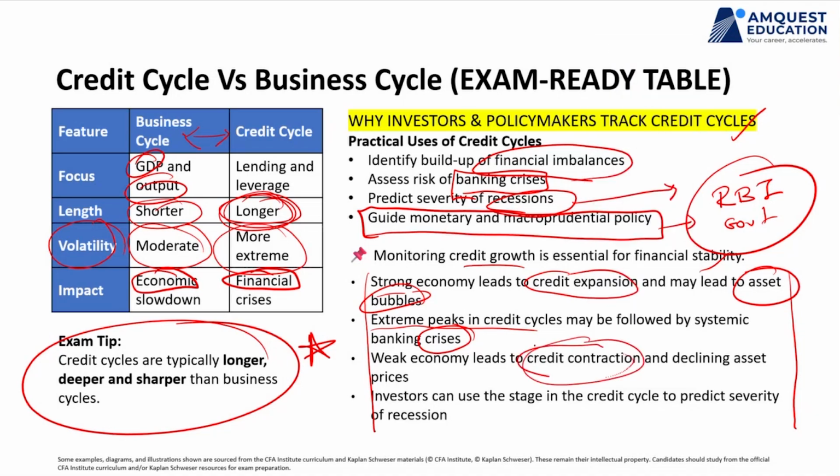Now, don't forget, a contraction may lead to people having to sell the assets. They'll sell the assets to repay the money. As the assets start being sold, the asset prices start declining, right? And as the asset prices are declining, the lending stops, borrowing stops, the liquidity dries up. That leads you to a recession.